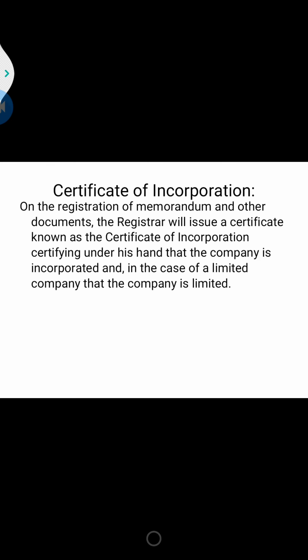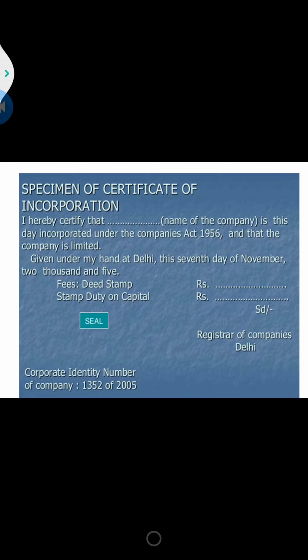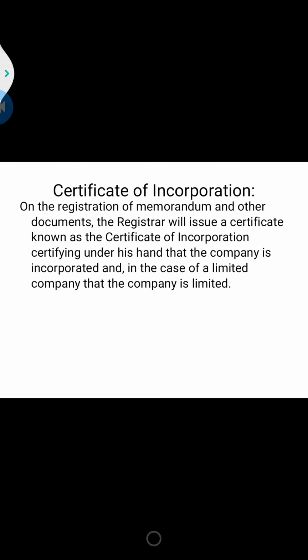Okay, so you are going to get the certificate of incorporation. It is the birth certificate of the company. The company will come into existence from the date that is mentioned in the certificate of incorporation, and the date appearing on it is conclusive even though it is wrong.